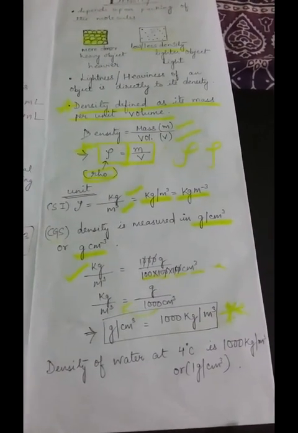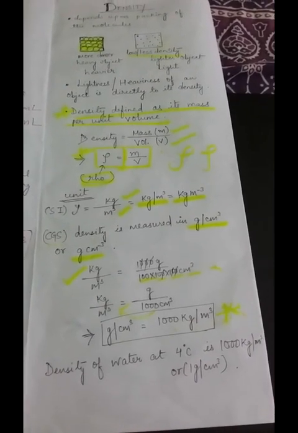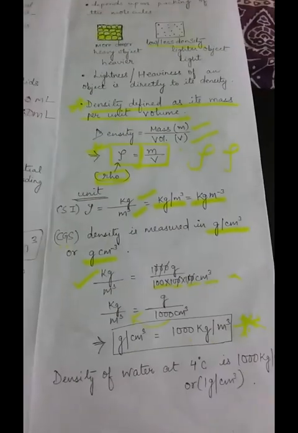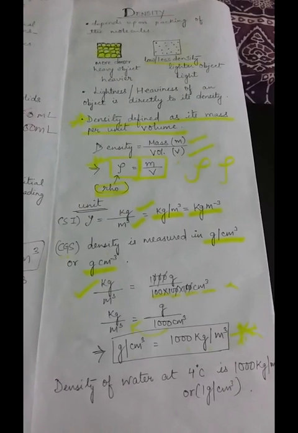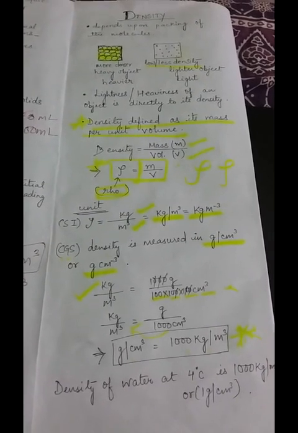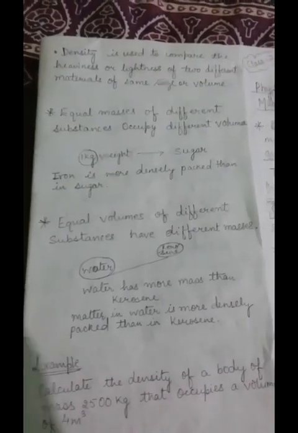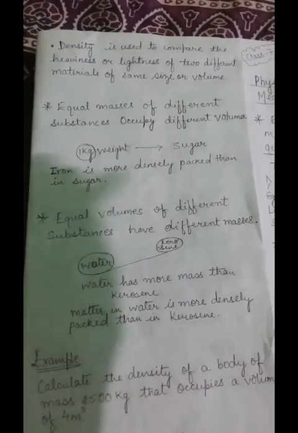And the density of water at 4 degrees Celsius is also 1000 kg per meter cube, or 1 gram per centimeter cube. Density of other substances is also given in your book on page number 9, that is table 1.3. So basically density is mass upon volume. So density is used to compare the heaviness or lightness of two different materials of the same size or volume.